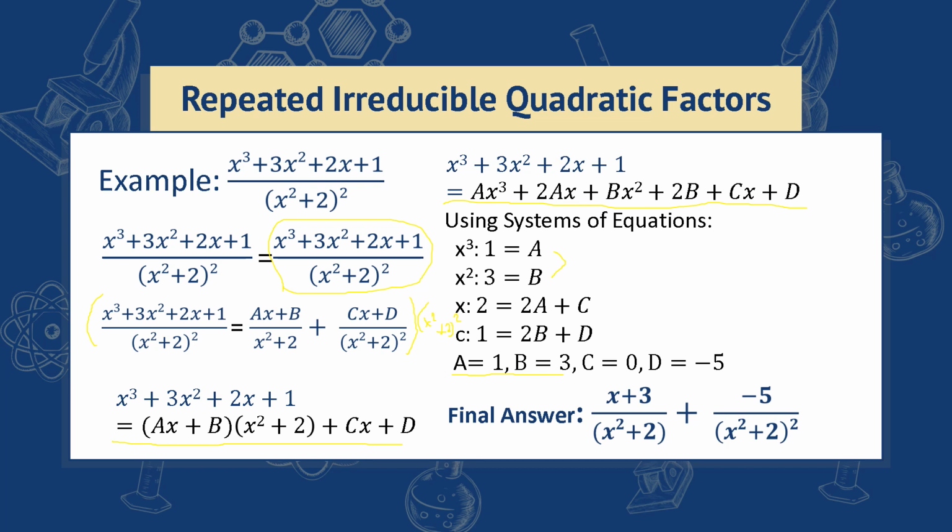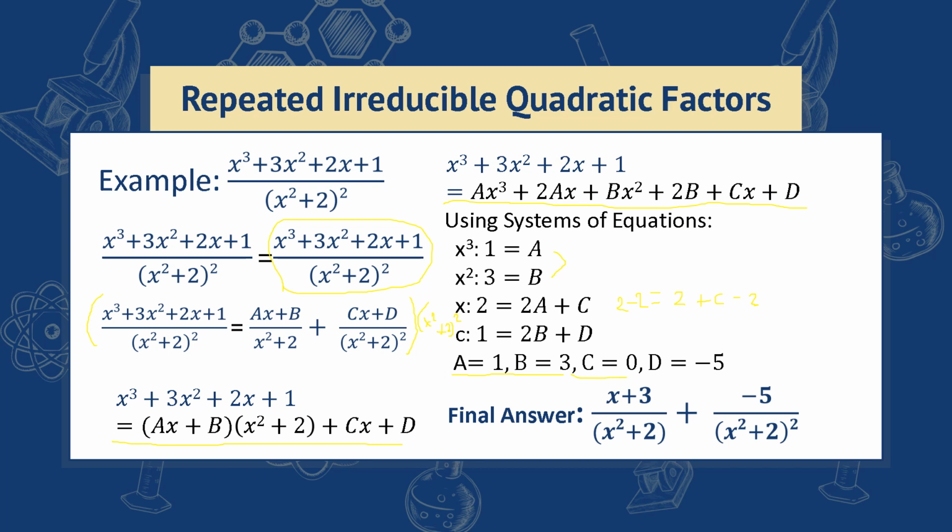We then could input a and b into each equation to get the values of c and d. So for the third equation, 2 is equal to 2 times 1, which is 2, plus c, and minus 2 from both sides, and you get c is equal to 0.